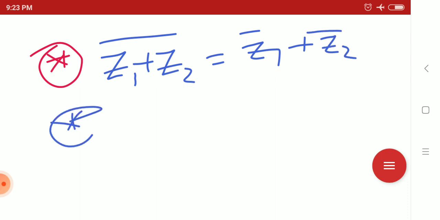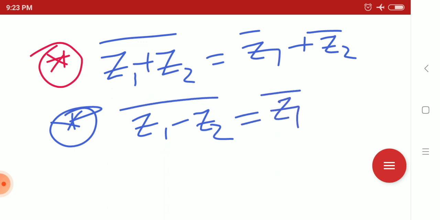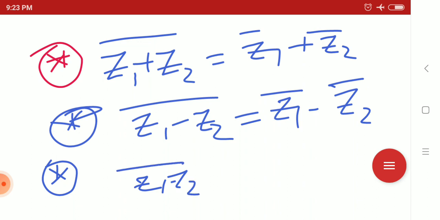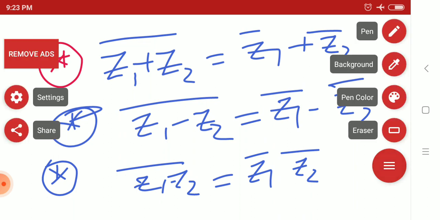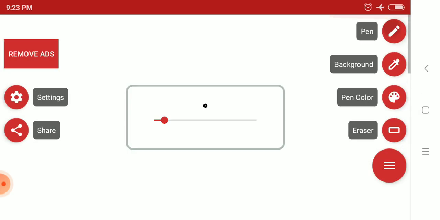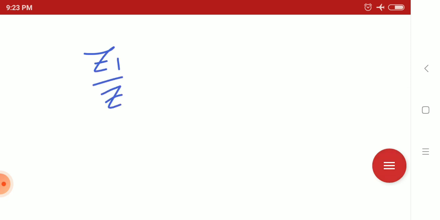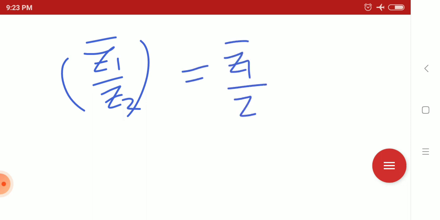Similarly, if you do z1 minus z2 bar, it will remain z1 bar minus z2 bar. Multiplication of complex conjugates will be z1 bar, z2 bar. If you do division of the complex conjugate, z1 by z2 bar will give you z1 bar divided by z2 bar.